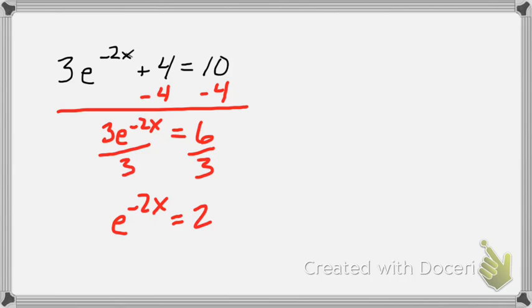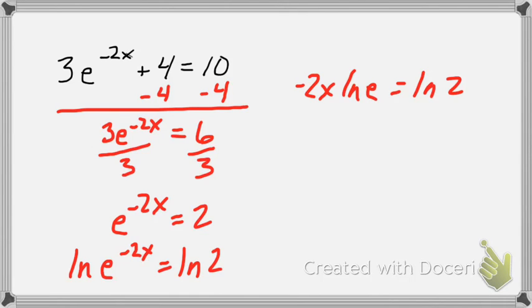So I subtracted 4 and divided by 3, and I have this, which is just like the last one we did. By moving the 4 and the 3, I have e to a power, which means I can then take the natural log of both sides, chuck down the negative 2x. ln of e is what? 1, so it goes away.